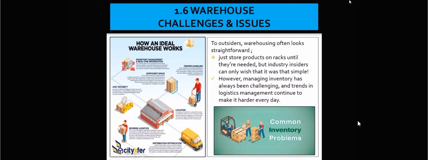Seterusnya kita nak lihat tentang sufficient space, alright. So bila kita bercerita pasal inventory ni, dan kita cakap pasal warehouse ni, tentulah kita cerita pasal ruang yang mencukupi, right? Ruang yang selesa, sesuai, ruang yang bertepatan dengan kehendak produk. Okay, for example, if you are dealing with electronics product, you require certain temperature.